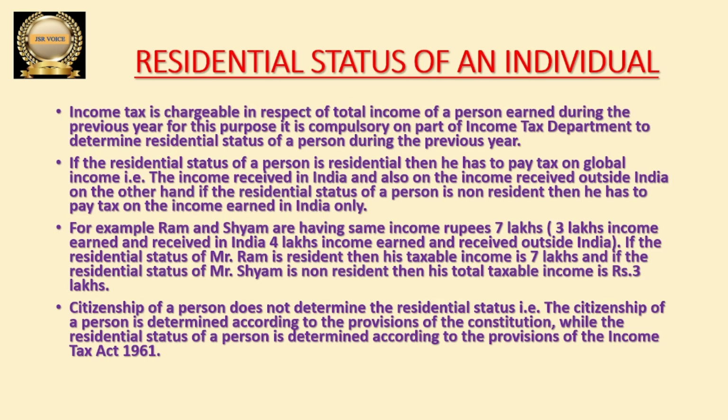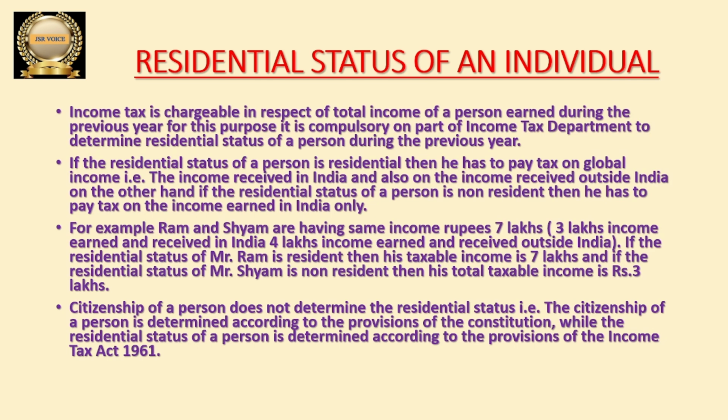How much income did they earn? 7 lakhs rupees. 3 lakhs income they earned and received in India, and 4 lakhs income they earned and received outside India. Total 7 lakhs. So both are earning a total income of 7 lakhs during the previous year.